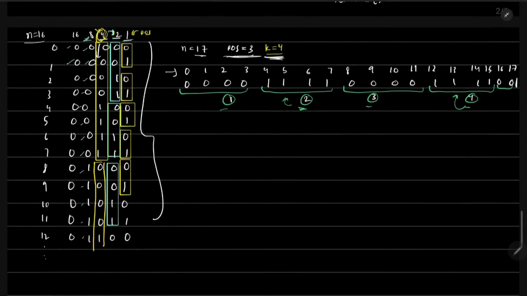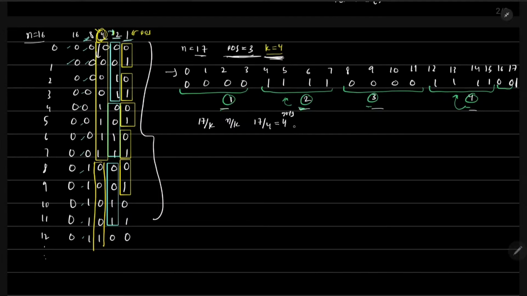So now what I'm going to do is, let's take 17 and do 17 divided by k, nothing but n by k. What is 17 divided by 4? It is 4, taking the floor value. So you got 4 groups here.